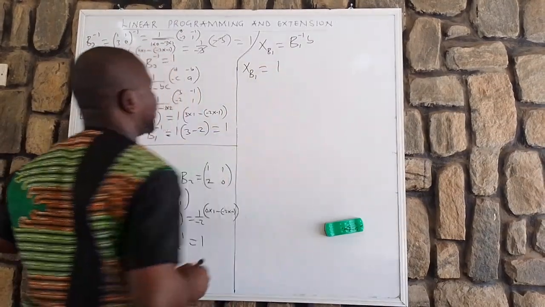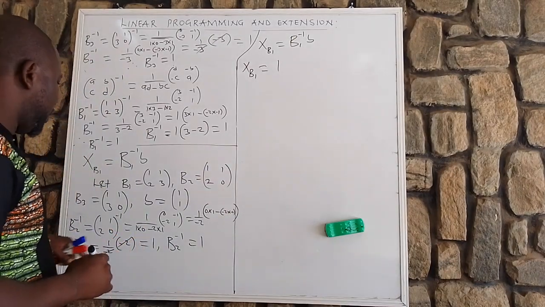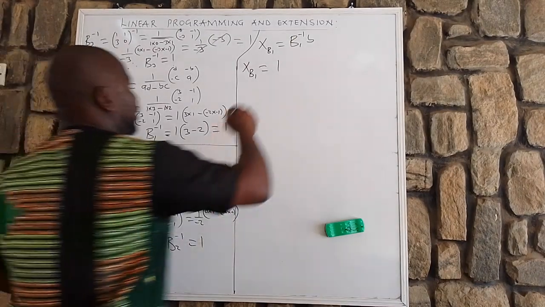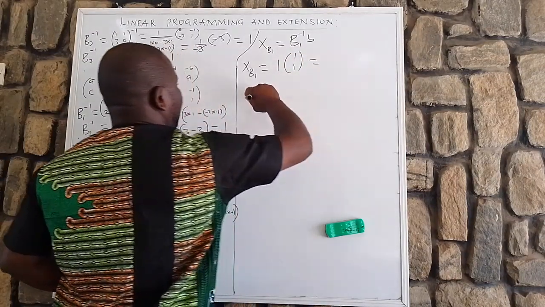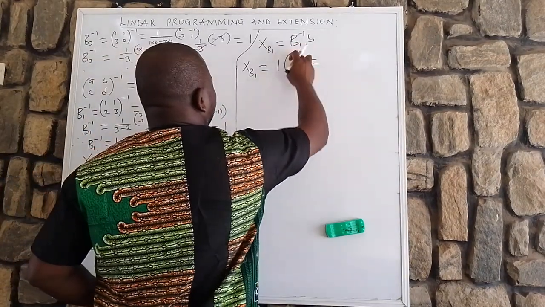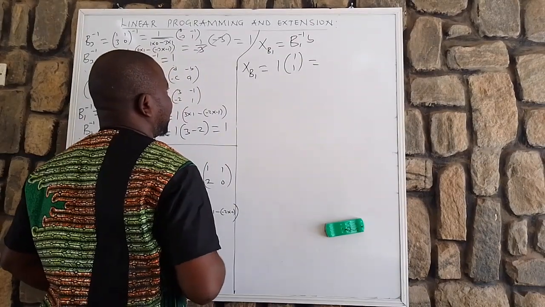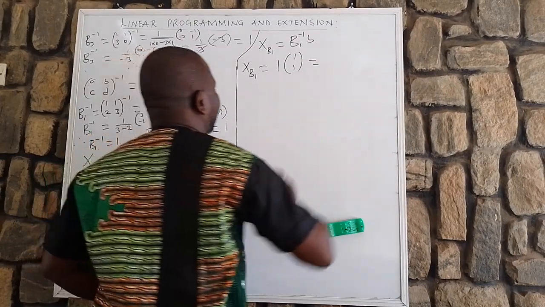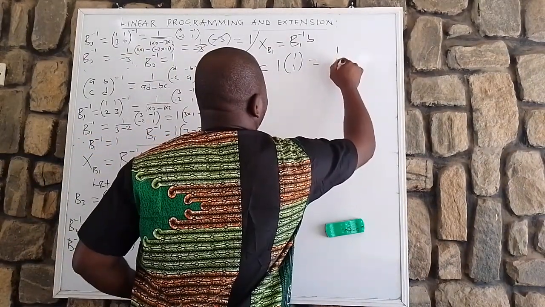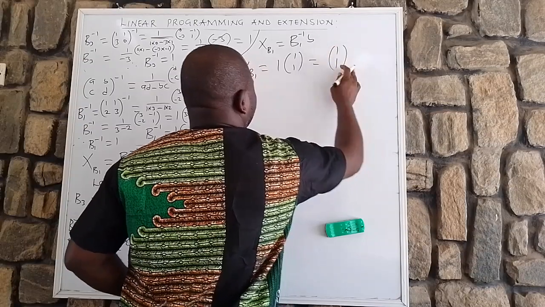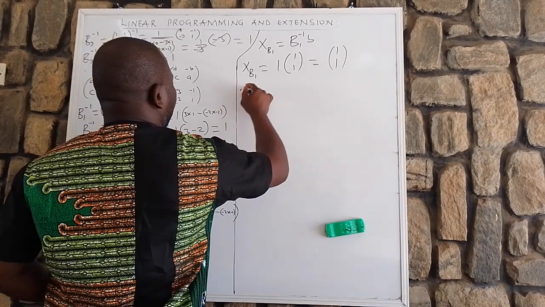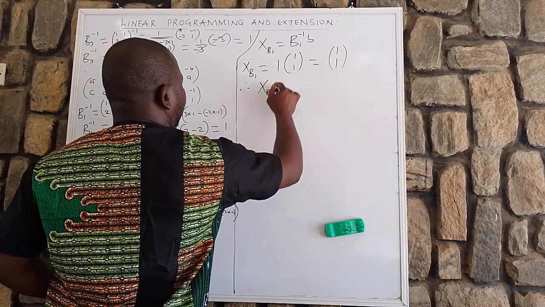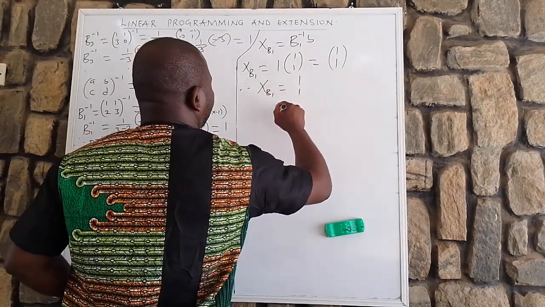So 1 times, what is our B? Our B is 1, 1, isn't it? So this is equals to this 1 times this, is the same thing as 1, 1. So our XB1 is equals to 1, 1.